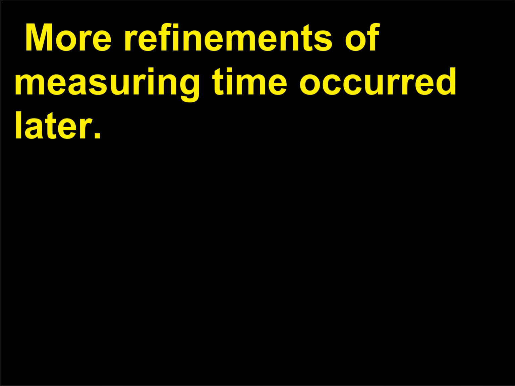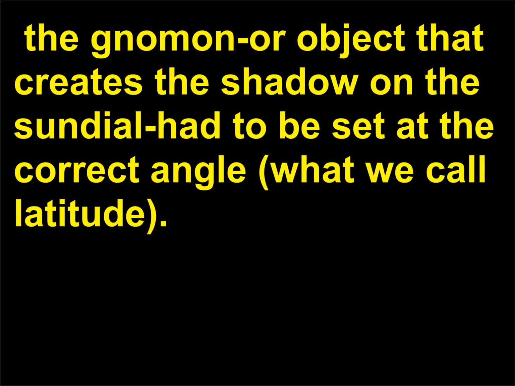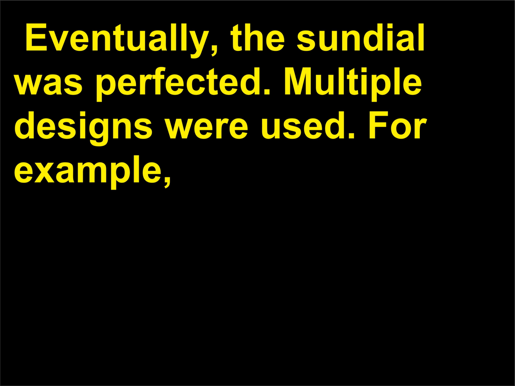More refinements of measuring time occurred later. In order to correct for the sun's changing path over the sky throughout the year, the gnomon, or object that creates the shadow on the sundial, had to be set at the correct angle, what we call latitude. Eventually, the sundial was perfected.